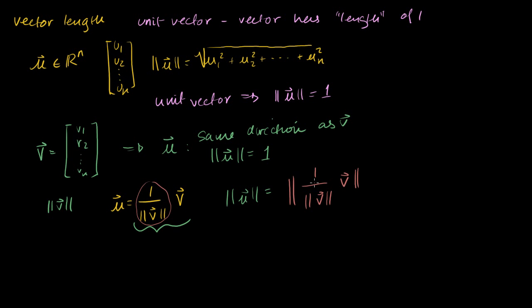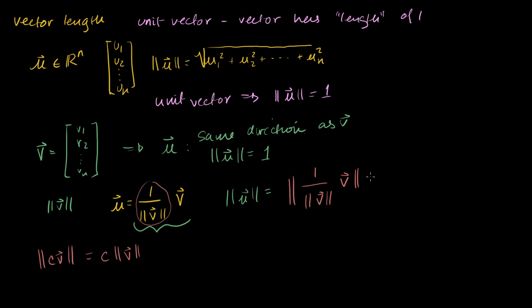We know that we can take this scalar out of the formula. I think I've shown it in a previous video, that the length of c times v is equal to c times the length of v. Let me write that down. That's essentially what I'm assuming right here, that if I take the length of c times some vector v, that is equal to c times the length of v. I think we showed this when we first were introduced to the idea of length.